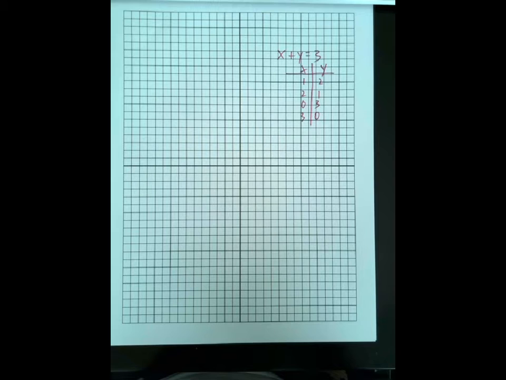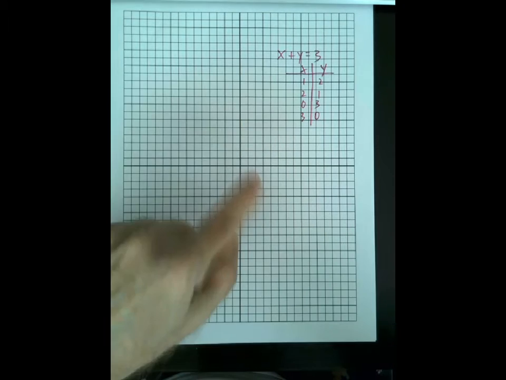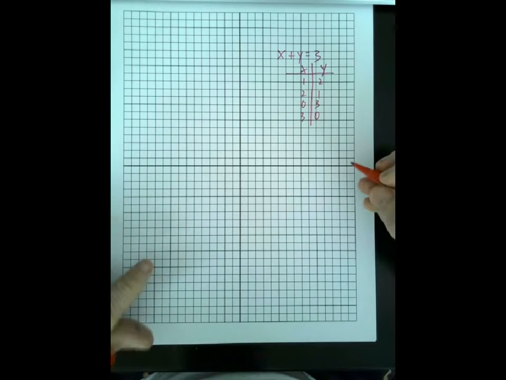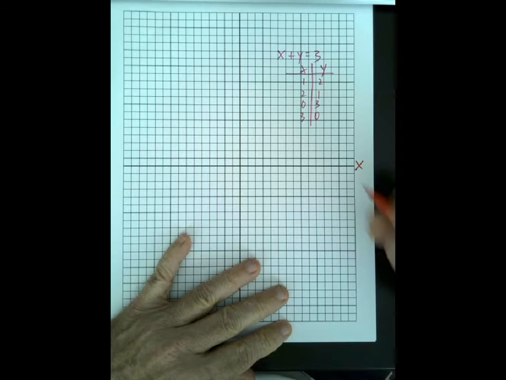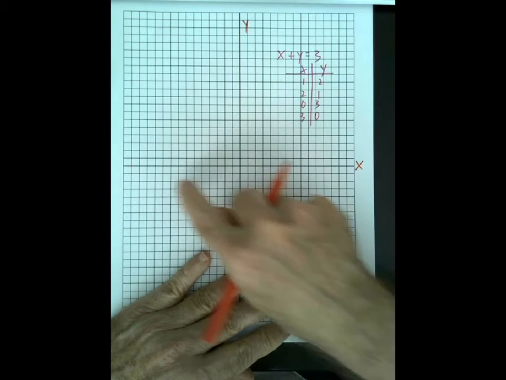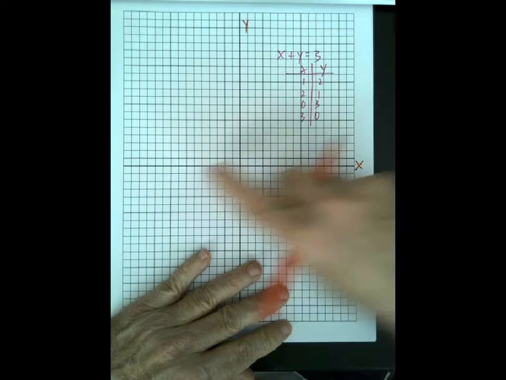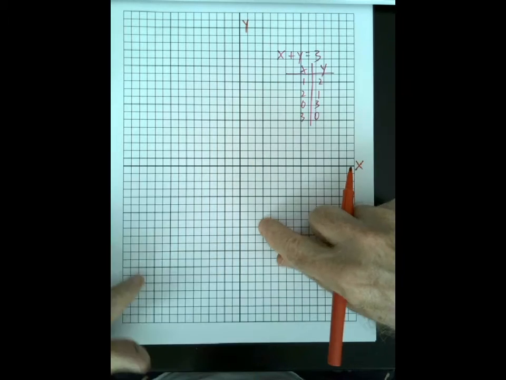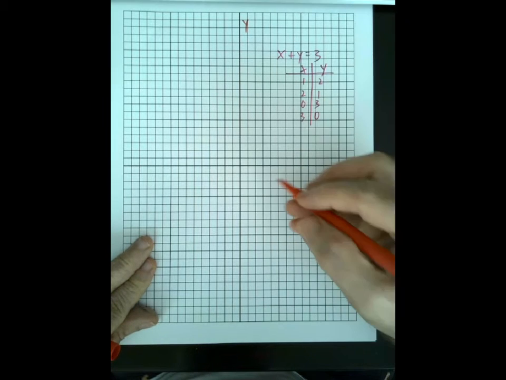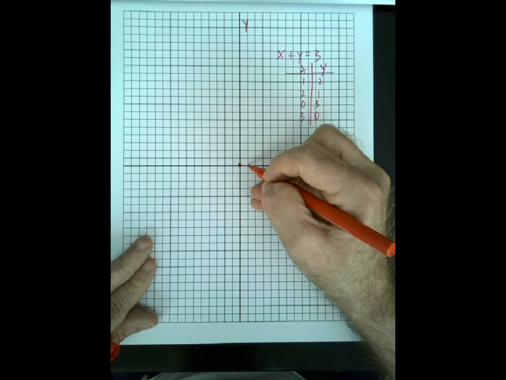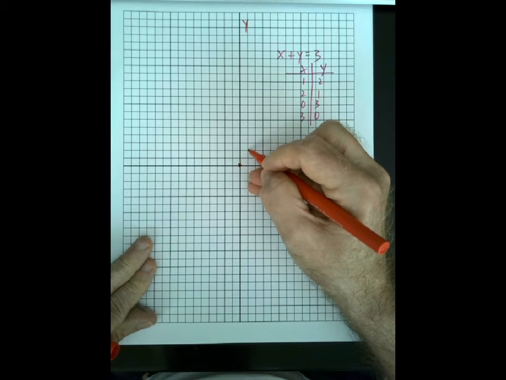So let's go ahead and plot those points. Remember, this is the x and this is the y. The x will be the horizontal left-right move, and the y number will be the vertical, the up and down move, right? So if I want to plot 1, 2, I always start at 0, 0. I'm going to go right 1, up 2.